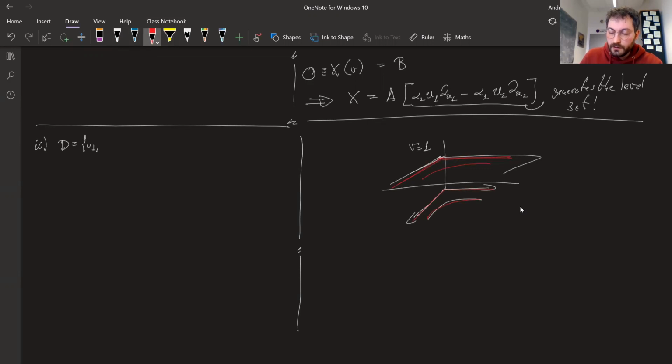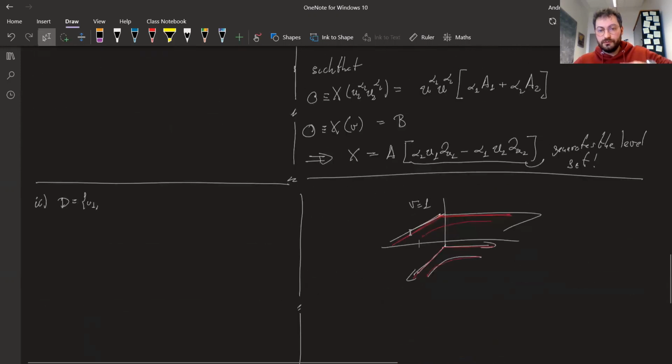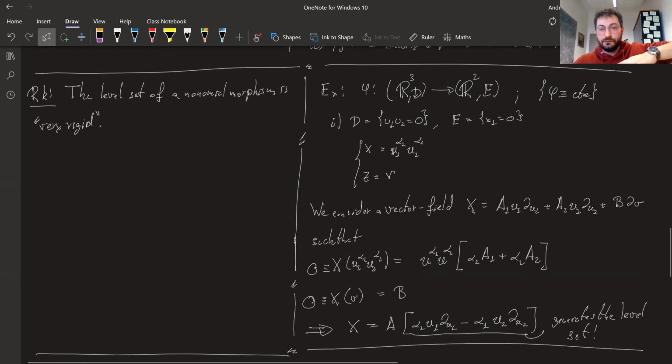So it's a family of these, not really a family because there are no changing parameters. It's a three-dimensional vector field, where the v entry does not make a difference. At every point it's just giving us corners. So it's going to be tangent to the level sets of v equals constant, and it's also going to be tangent to the level sets of u1^α1 u2^α2 equals constant.